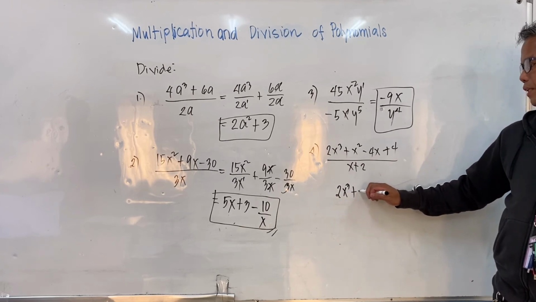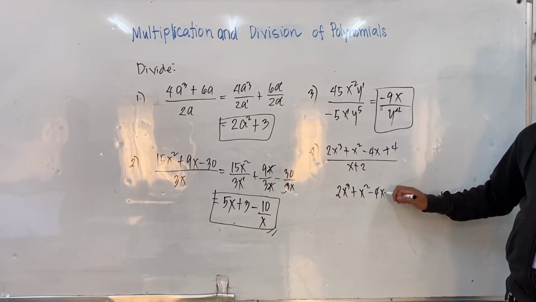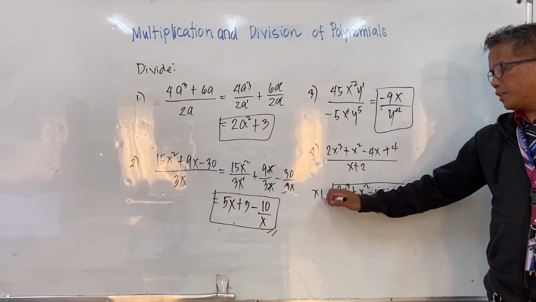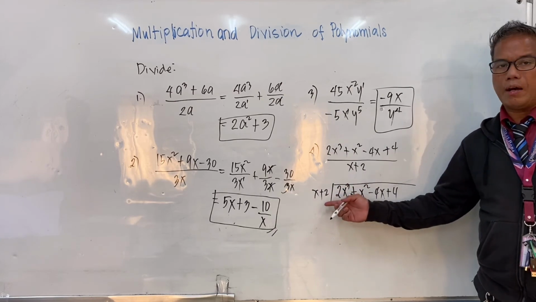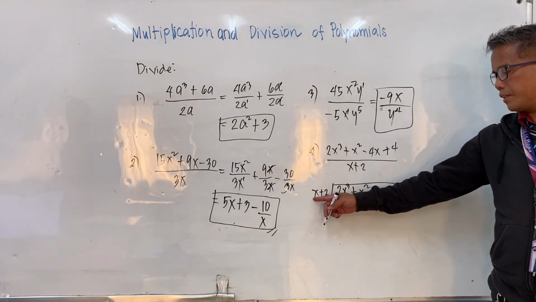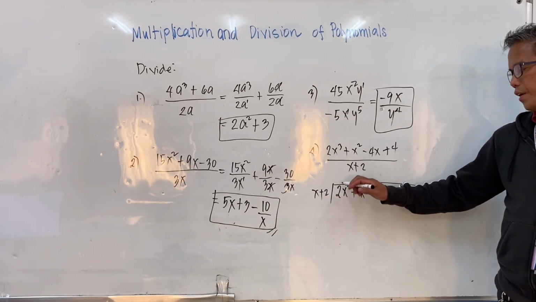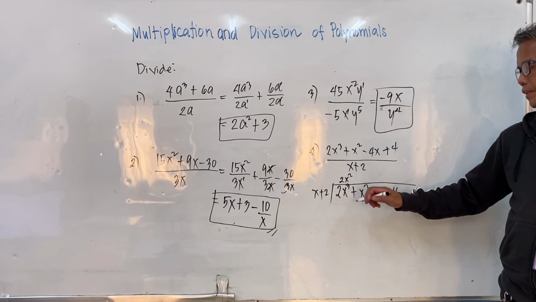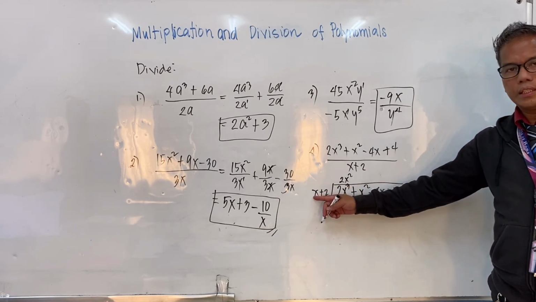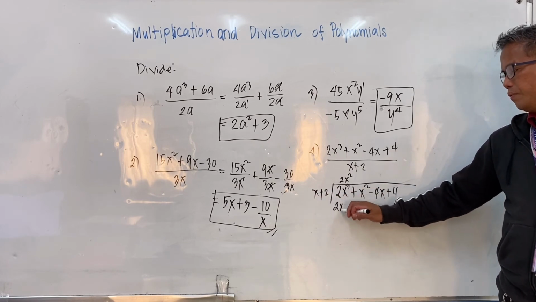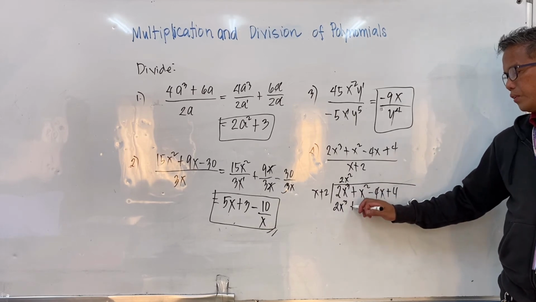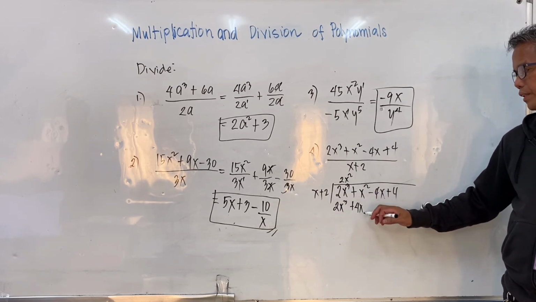So the denominator will be our divisor. Start here, 2x cubed divided by x. So the answer is 2x squared. Then 2x squared times x is equals to 2x cubed. Then 2x squared times 2 is equals to 4x squared.